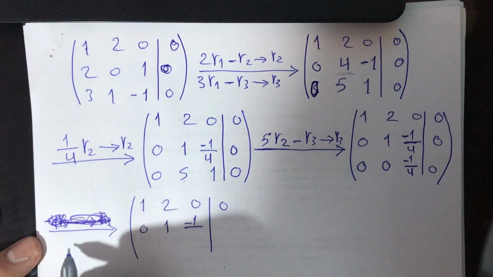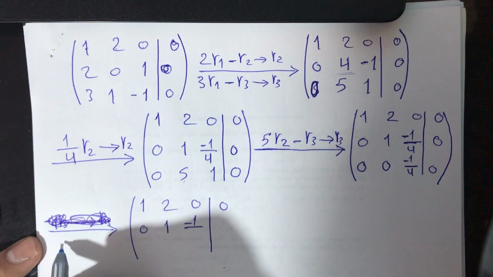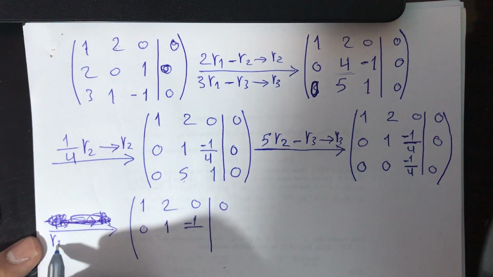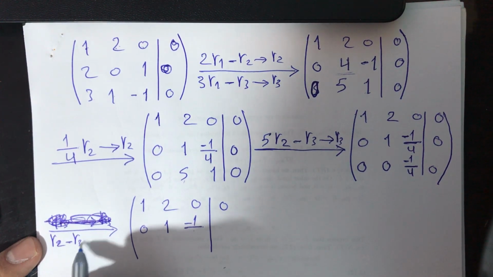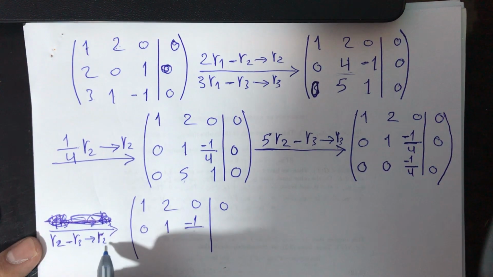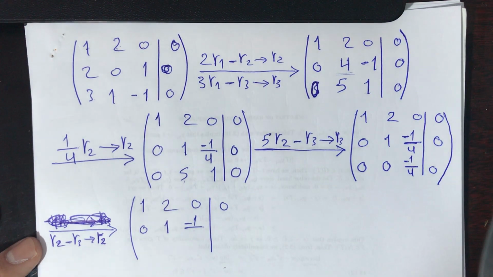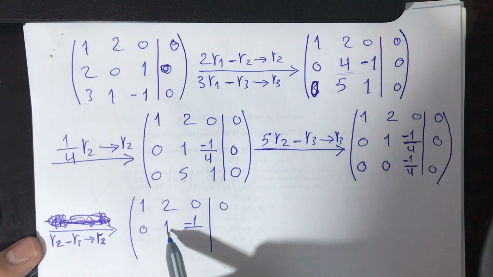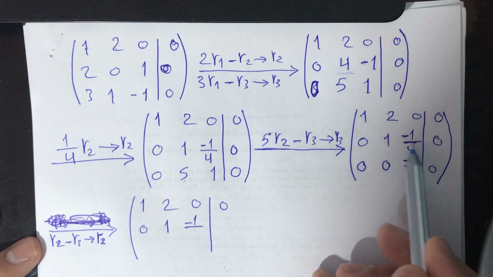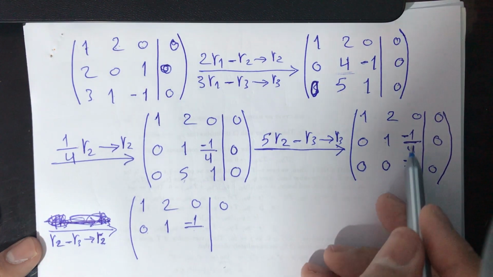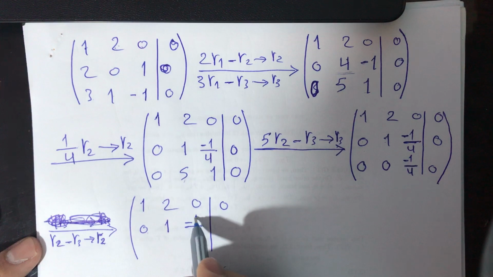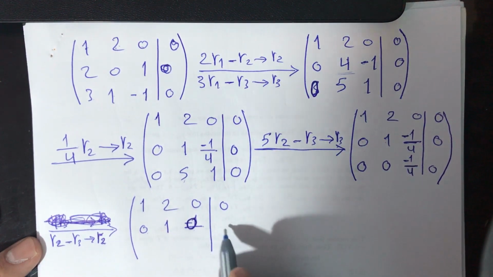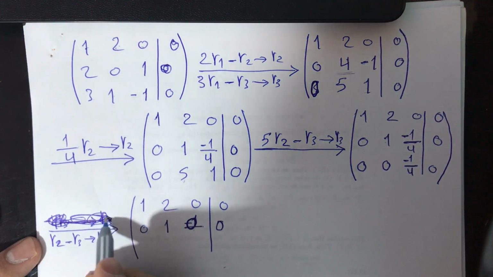Now R2 minus R3, write in R2. So 0 minus 0 will be 0, and 1 minus 0 will be 1, and minus 1 over 4 plus 1 over 4 will be 0, and this will be also 0, 0 minus 0.